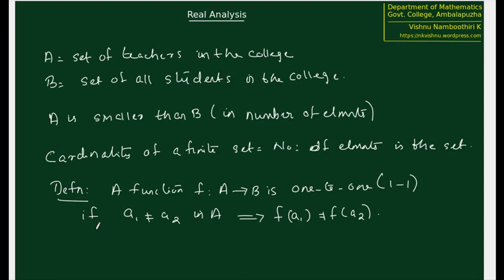So if a1 is one capital, a1 corresponds to exactly one country. Therefore, if a2 is another element different from a1, that will correspond to another country. So f of a1 will not be equal to f of a2. That means countries corresponding to a1 and a2 will be different if a1 and a2 itself are different. This is an example for a one-to-one function.